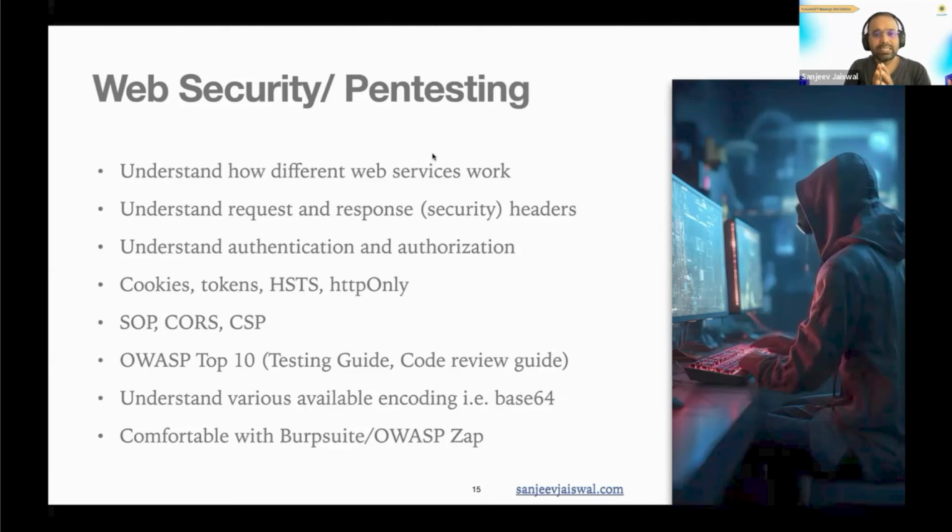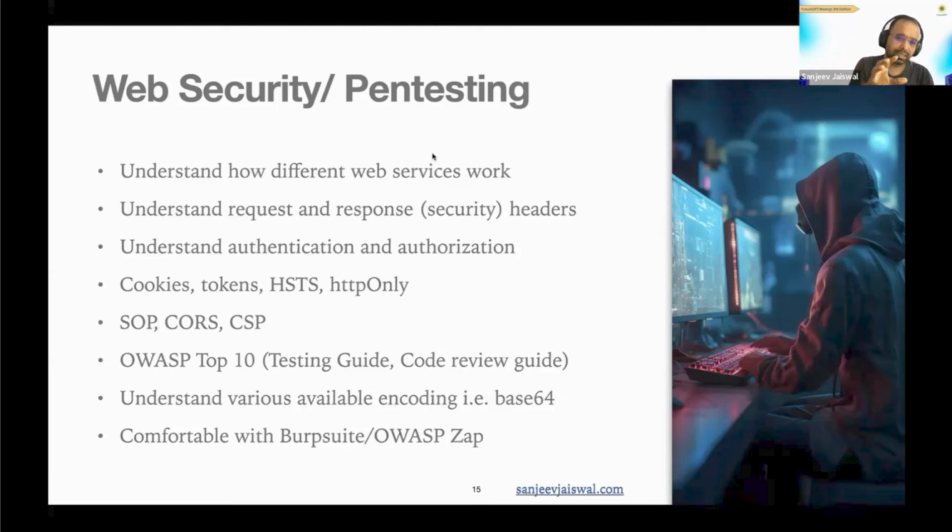And try to understand the basic differences between authentication and authorization, and how sessions, cookies, JWT tokens, and other things work. What are the different security headers and security parameters? What is same-origin policy? What is CORS? What is content security policy, and how can we implement it? If we don't implement it, what will happen?